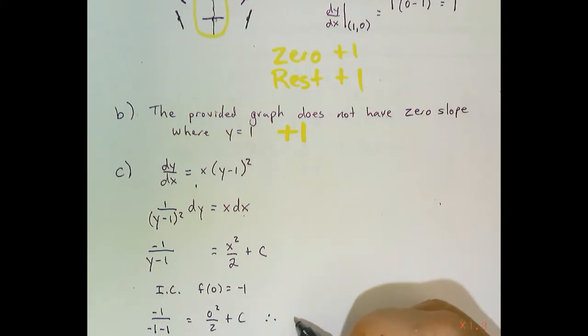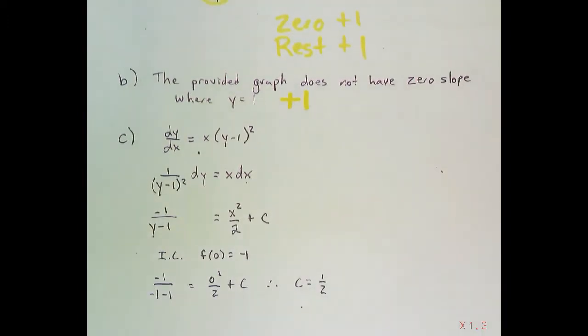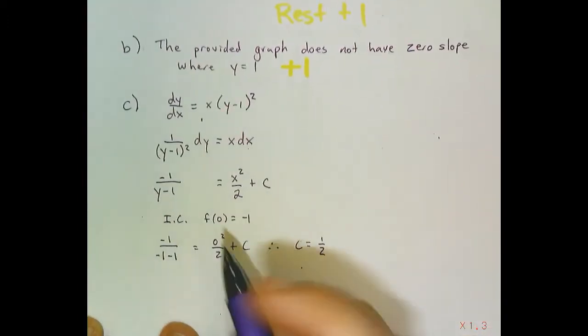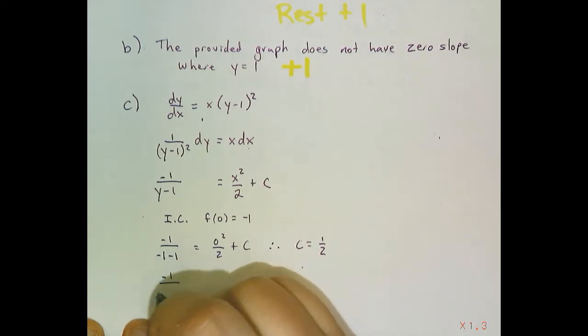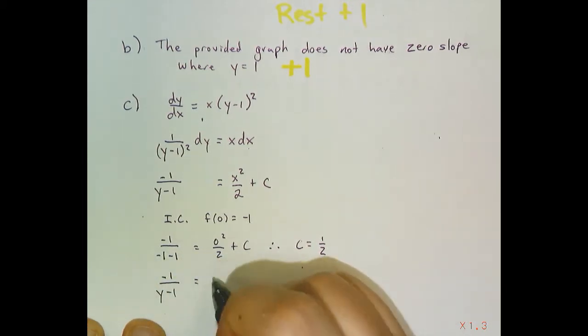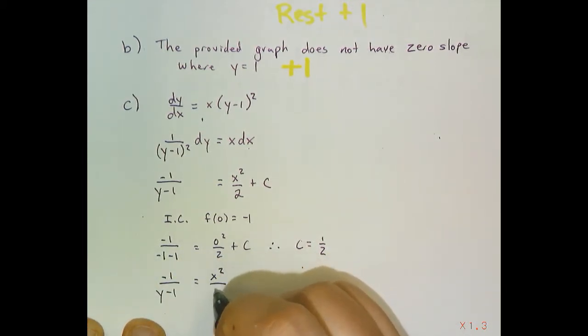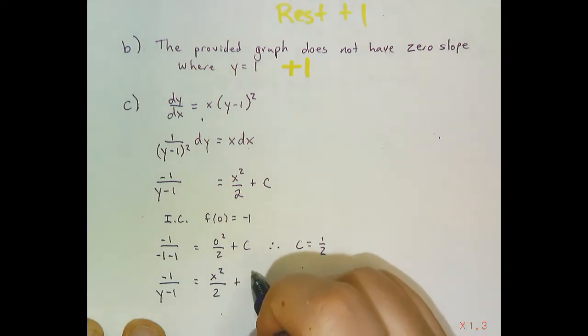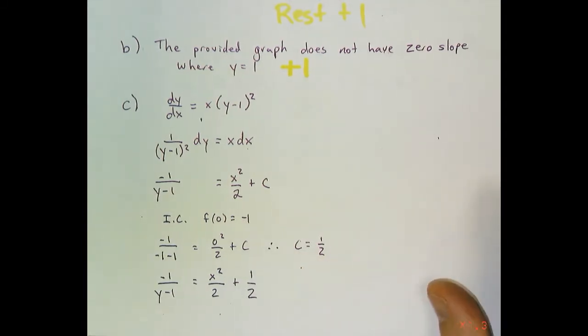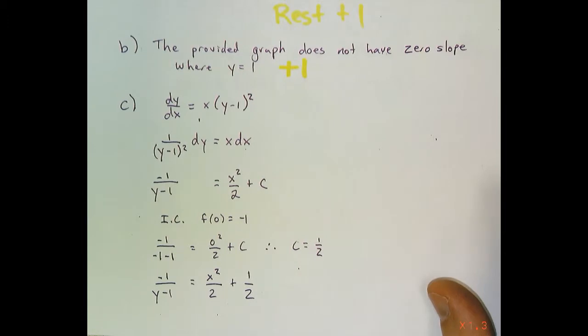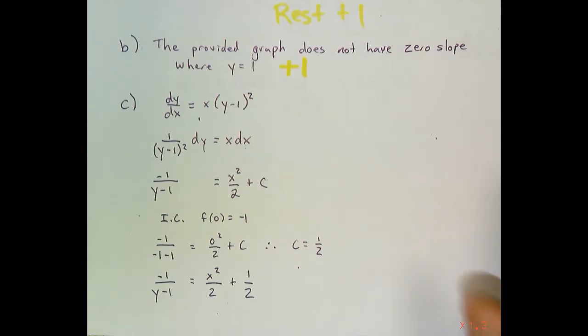Therefore, c is equal to 1/2. So rewriting our equation, negative 1 over y minus 1 equals x squared over 2 plus 1/2. Our goal here is to solve this for y.